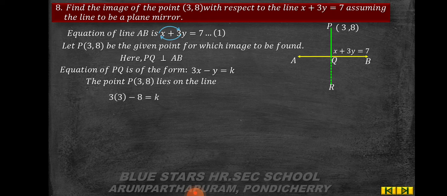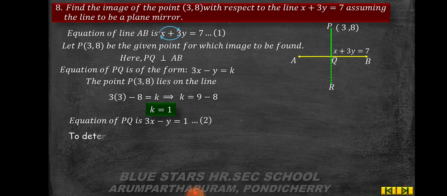So substitute x = 3 and y = 8 in the above equation. So 3 into 3 minus 8 is equal to k, which implies k = 9 - 8. The value of k is 1. Therefore, the equation of PQ is 3x - y = 1, which is equation number 2.